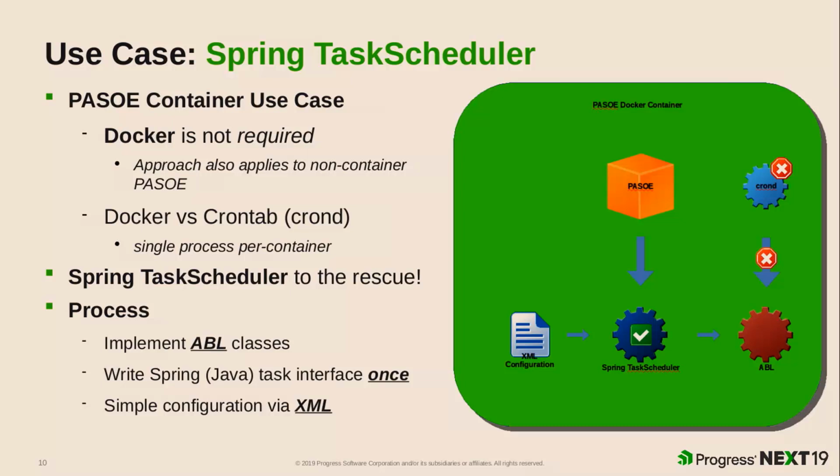So if I was building a container, I'll just go ahead and install cron inside of it. Right? So when I do my build steps, I'll say install cron, and also run PASOE. So now I'm running two processes in there. So if you take this hard line of one process, one container, I've just broken that rule. Does it work? Sure. But if you look at it from that point of view, how can I get around that?